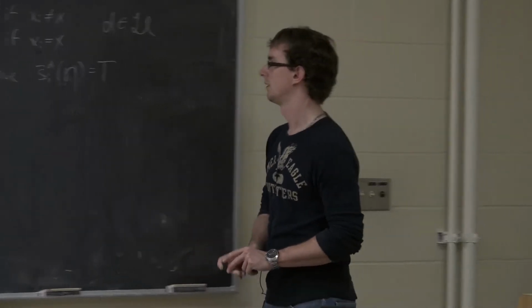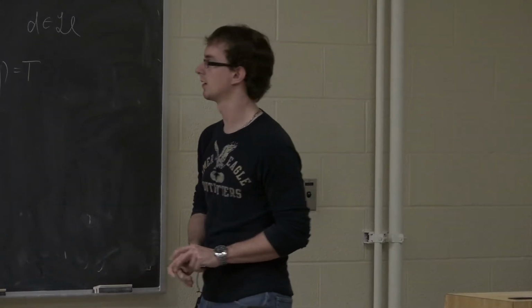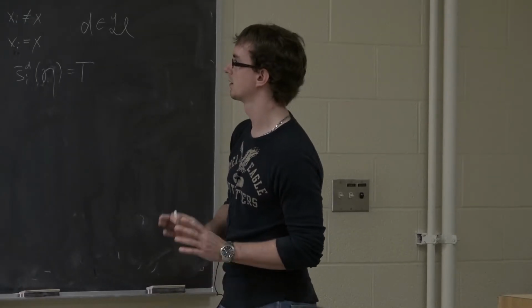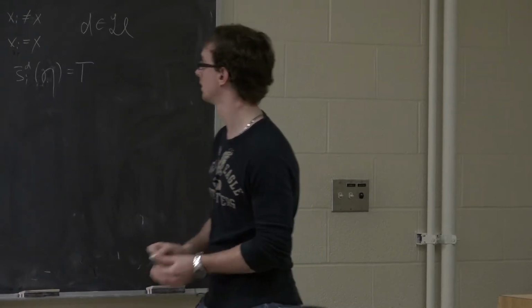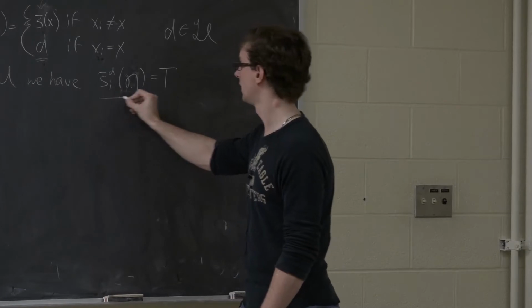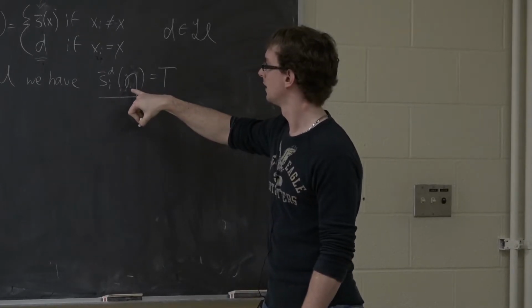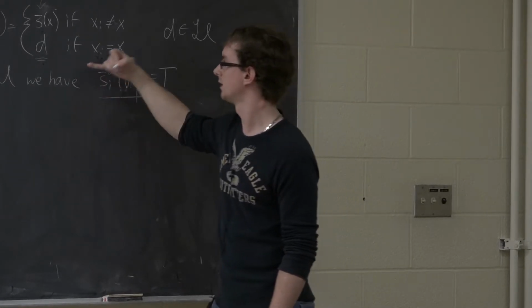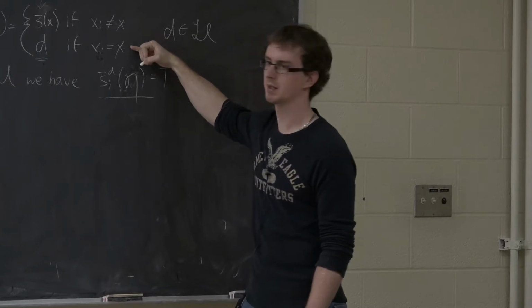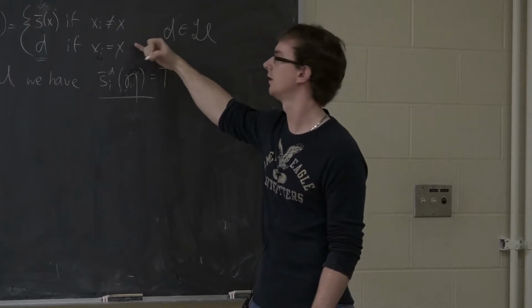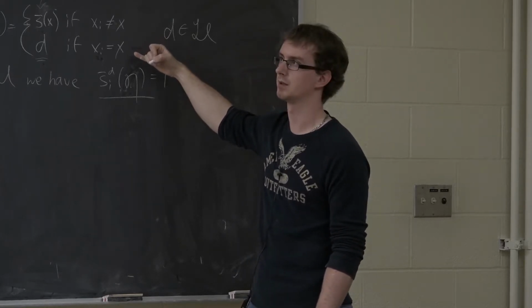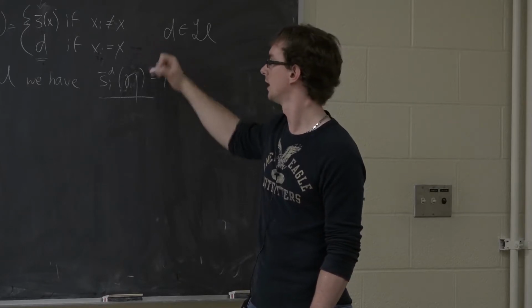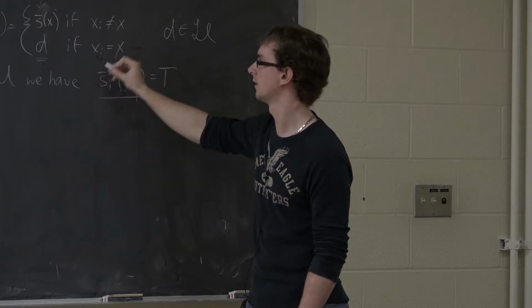This is a good question. The reason it's okay is that when we're applying it to eta, the only places it's actually going to hit this case is when it's inside one of the atomic formulas. It's not like this whole thing is going to be returning d.